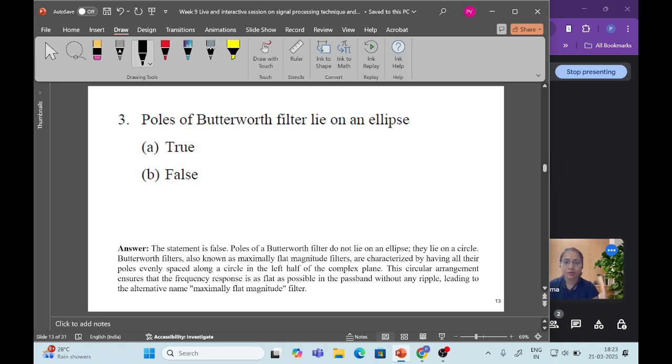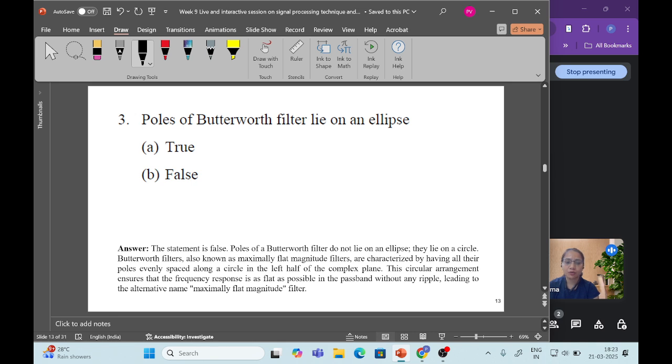Poles of a Butterworth filter lie on an ellipse. This statement is false, because the poles of a Butterworth filter don't lie on an ellipse. They lie on a circle. Butterworth filters, known as maximally flat magnitude filters, are characterized by having all their poles evenly spaced along a circle in the left half of the complex plane.